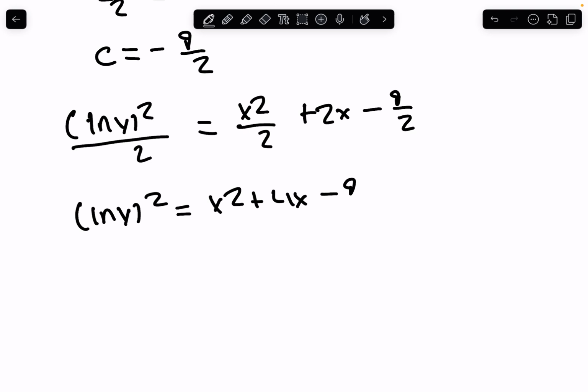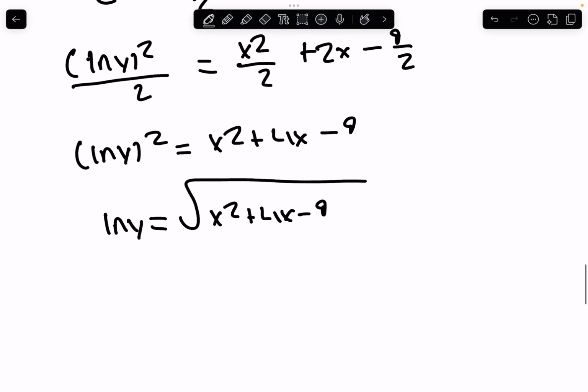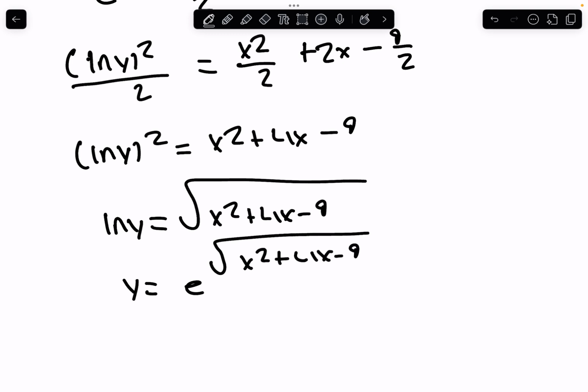Now we take the square root. So ln y equals the square root of x squared plus 4x minus 9, and y equals e to the power of this function. And then we have the general solution to the differential equation.